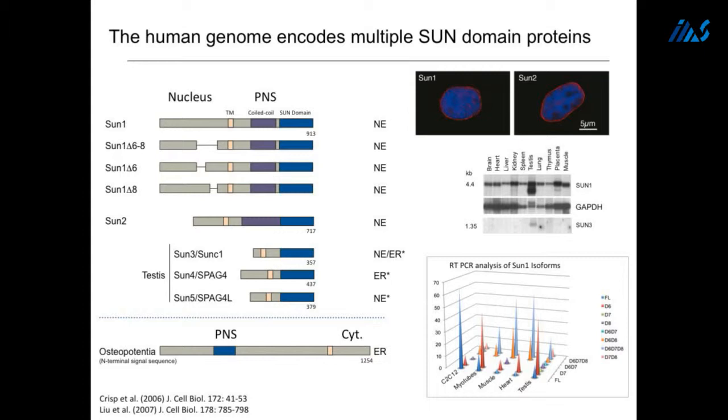There are 3 additional SUN-domain proteins which are largely expressed in testis, although not completely. But the SUN domain proteins found in the majority of somatic cells are SUN1 and SUN2. However, there's even an exception to that, which I'll come back to in a moment.